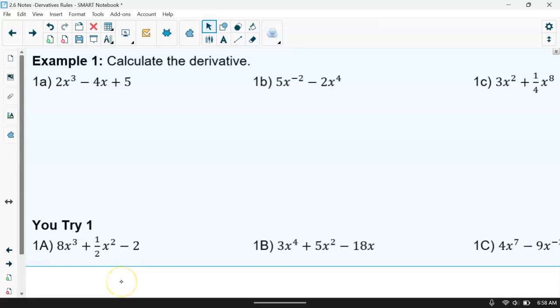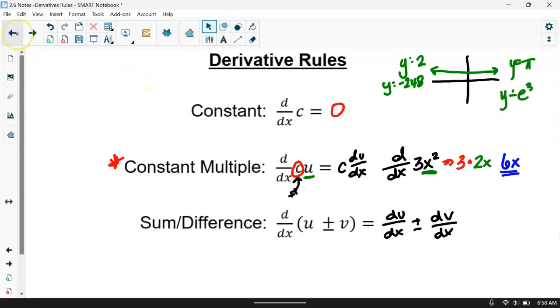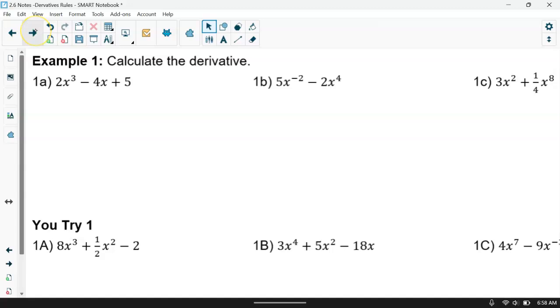Okay, so let's say for our first example here, we are calculating our derivative. Notice we have multiple terms that are being added or subtracted. According to that sum and difference rule, we're going to find the derivative of each individual function. So this is a u, this is a v, and we'll call that w.